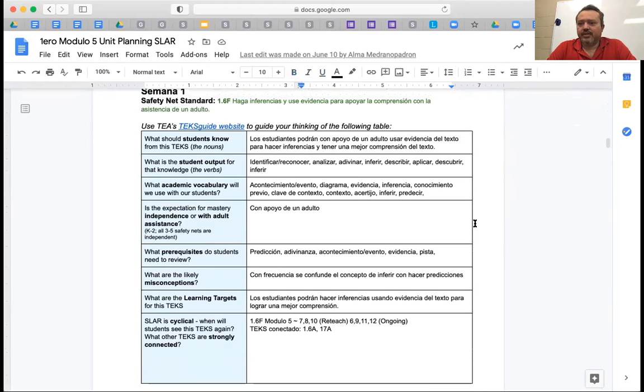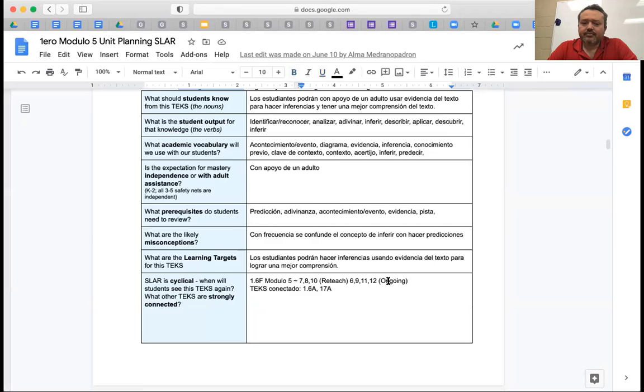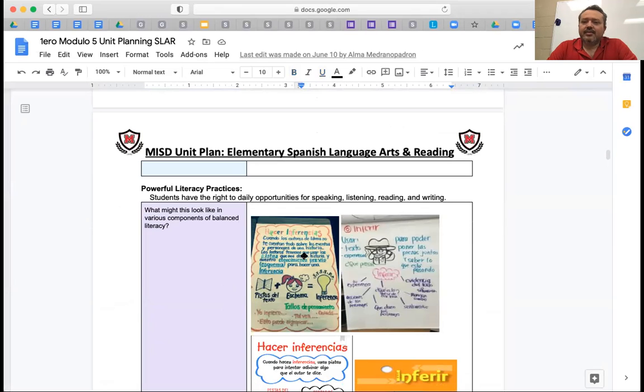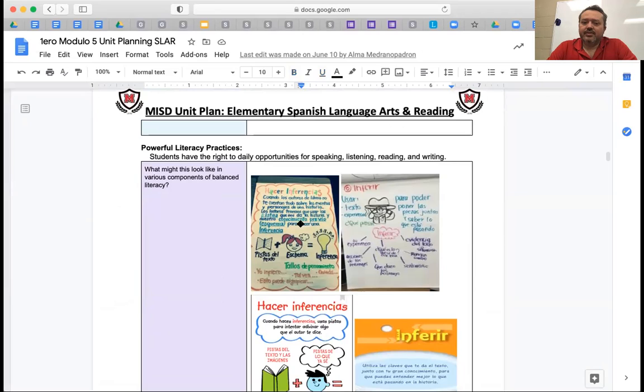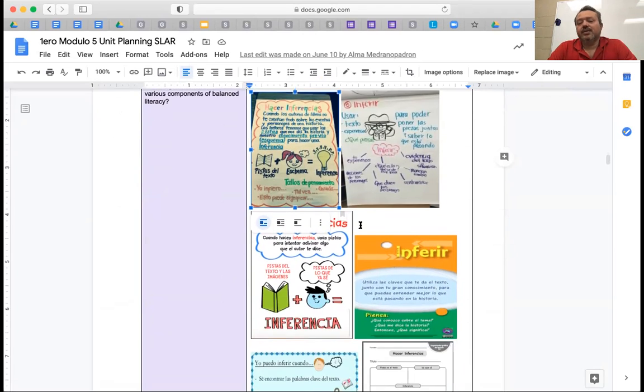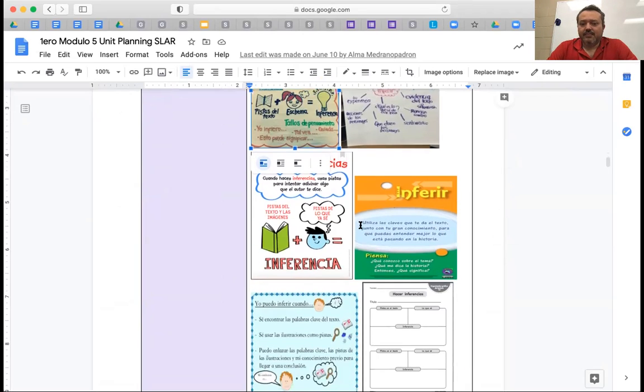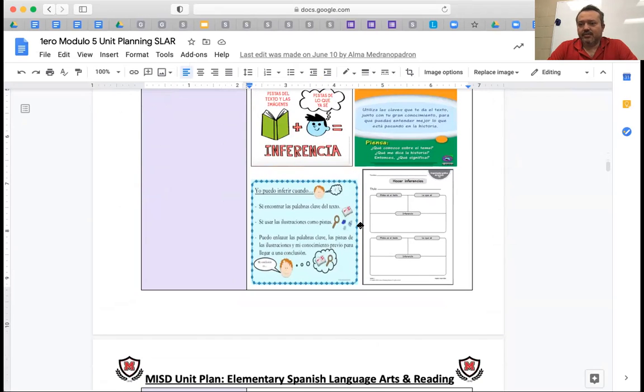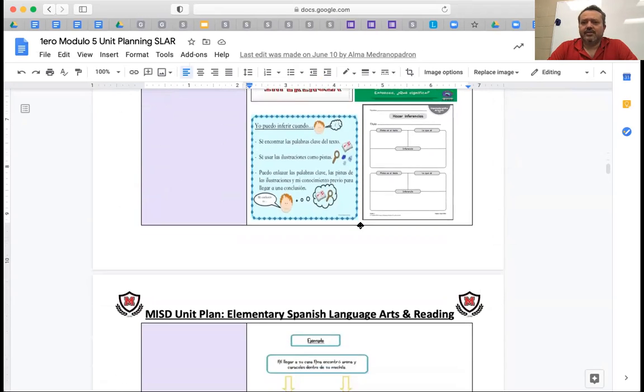So every week there's a learning standard, what students are supposed to do, and anchor charts, ideas that the classroom teachers could utilize in their dual language or transitional early exit campus. And this helps teachers plan for those upcoming units. And this is just the Spanish language arts side of it.